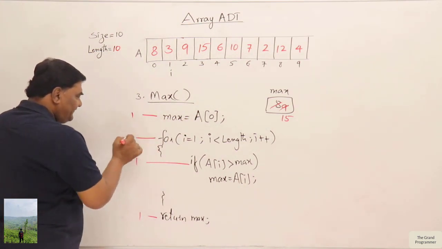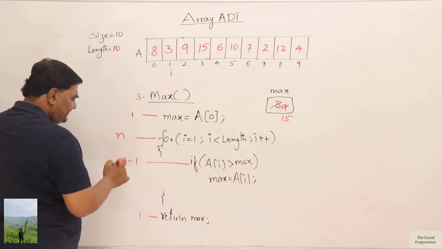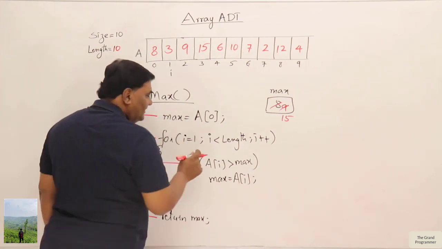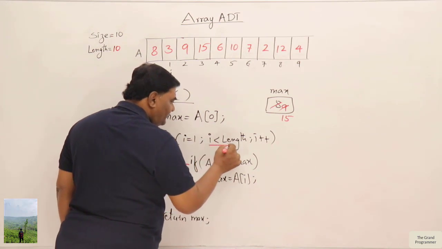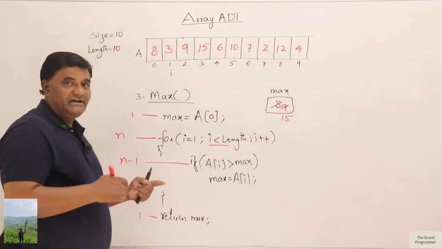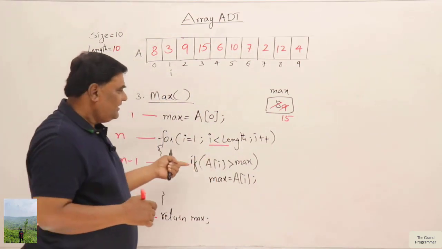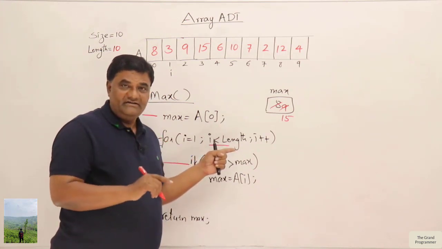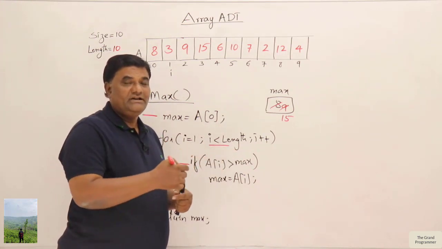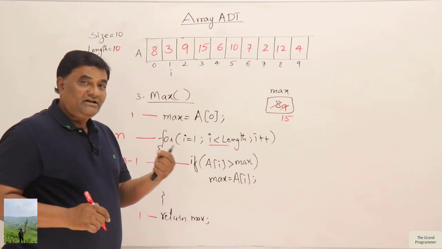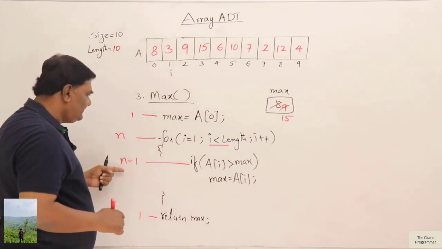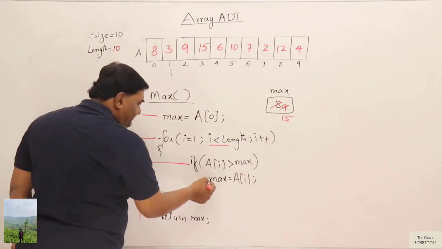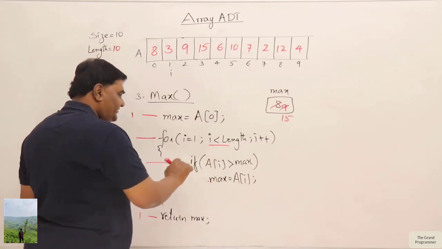Then the loop itself will execute for n times. One extra, why? Because this condition will be checked n times. For n minus 1 times the condition will be true, and one more time the condition fails, that is when i becomes equal to length, so it will stop. That is the termination condition also. So this is n minus 1, and this may or may not execute always.